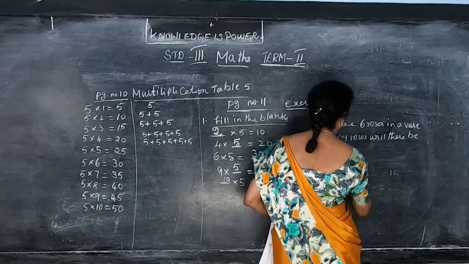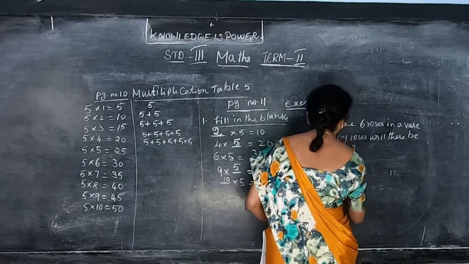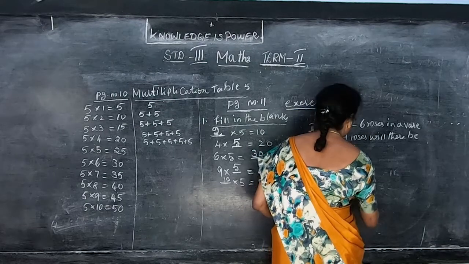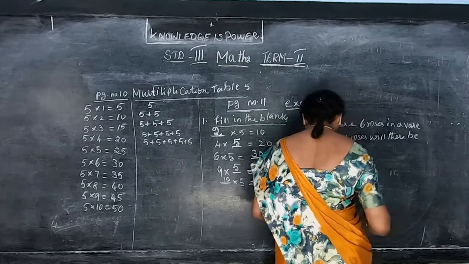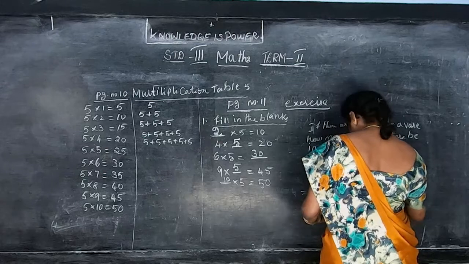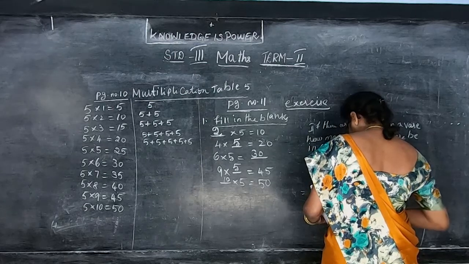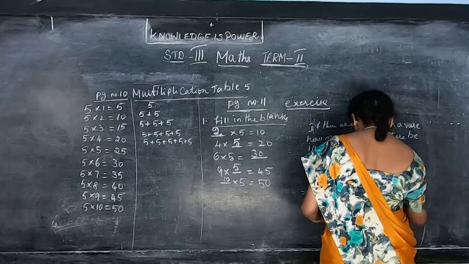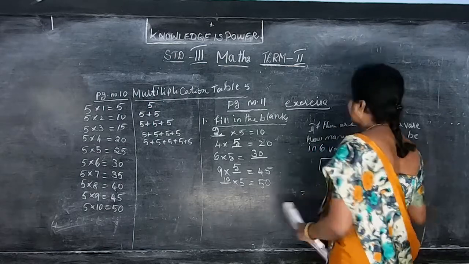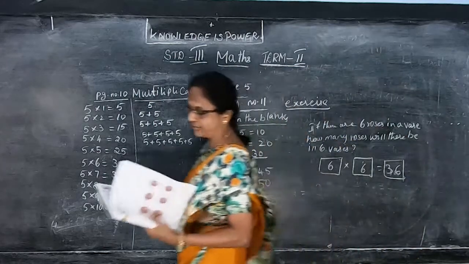So you can write in the box 6 into 6, that is equal to 36. So this is from the page number 11.